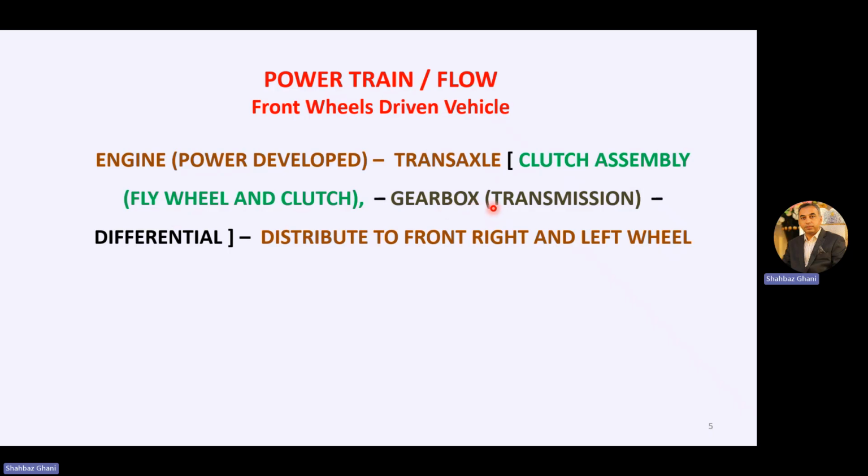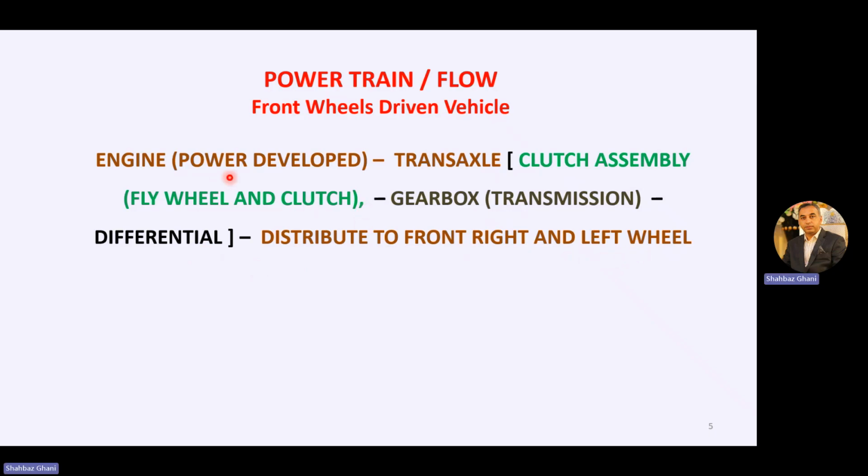Then we have a gearbox, the transmission, the second sub-assembly, and third is the differential. And there is no propeller shaft in the front wheel driven vehicle which has a transaxle. So the only difference is the propeller shaft, which is absent here. We have a differential here, and in some books it is called the final drive, or in some books it is called the differential. Then it is distributed to the front right and left wheel.